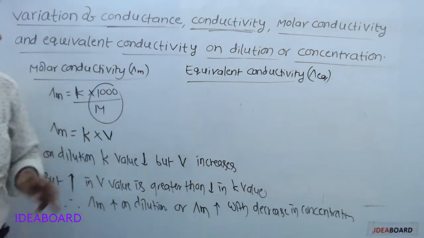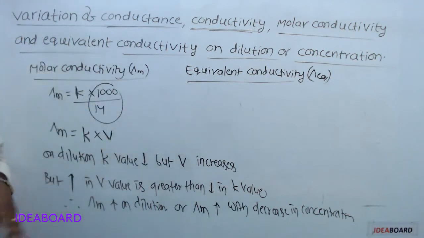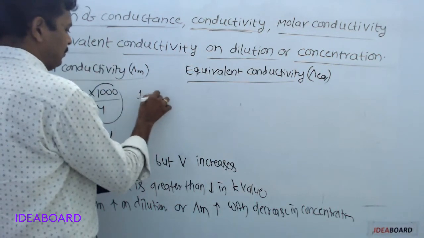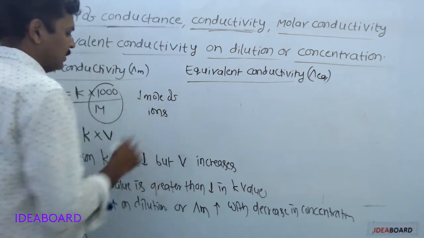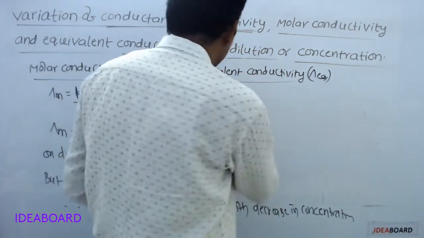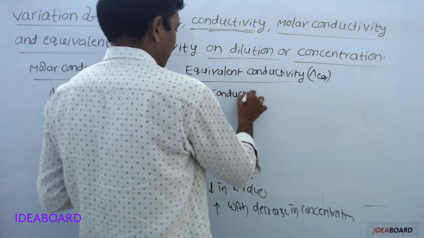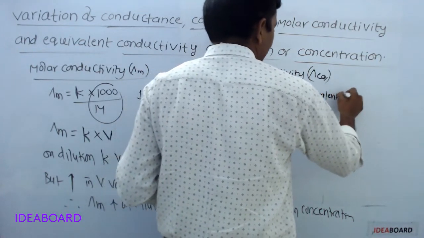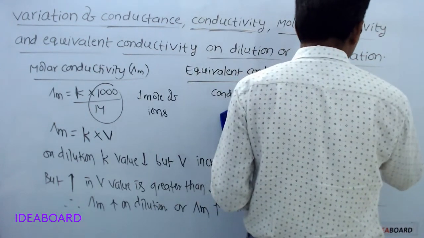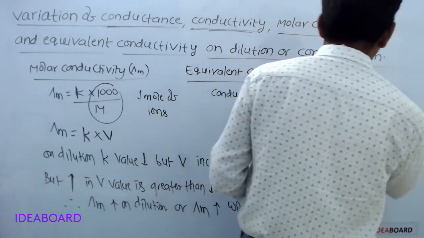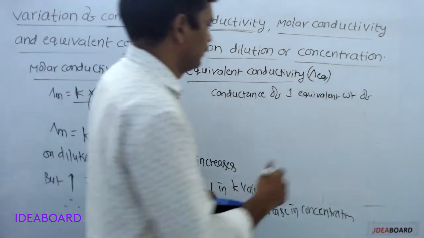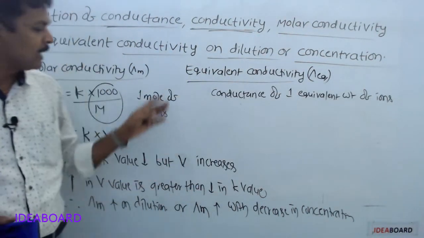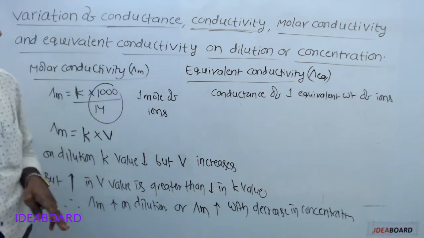Molar conductivity is nothing but the conductance of 1 mole of ions, the conducting power of all the ions produced by dissolving 1 mole of an electrolyte.